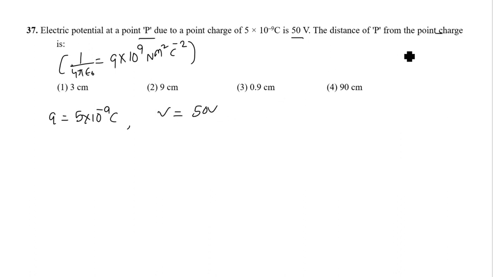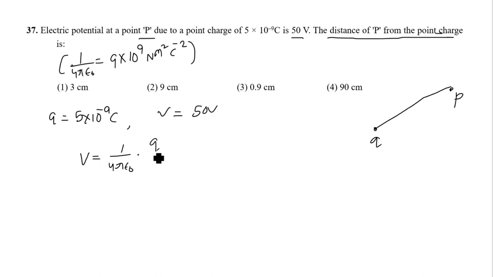The question is asking for the distance of P from the charge. If this is the charge Q and this is the point P, I have to find this distance. We know the electric potential formula is V equals 1 by 4 pi epsilon naught Q by R. This is the direct formula, and 1 by 4 pi epsilon naught is given by 9 into 10 to the power 9 Newton meter square per coulomb square.